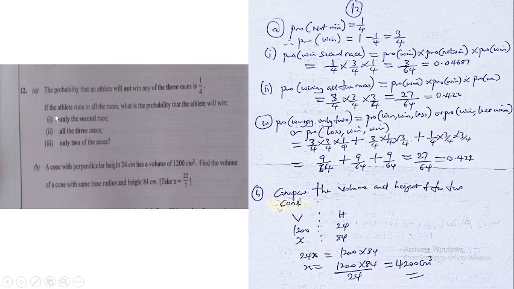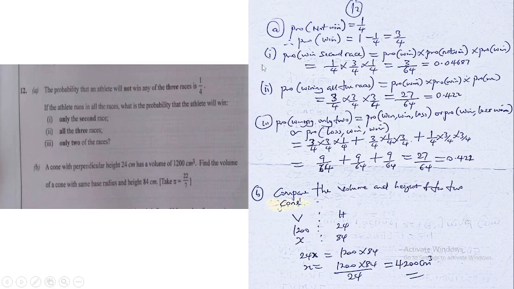Let's continue. If the athlete runs in all the races, that means he runs 3 times. Then what is the probability that the athlete will win only the second race? That means he will lose the first one, win the second one, then lose the third one. That is the meaning of winning only the second race.